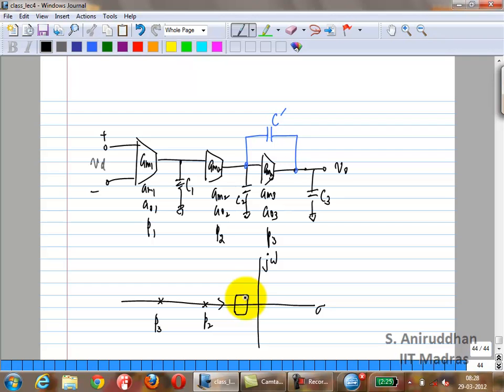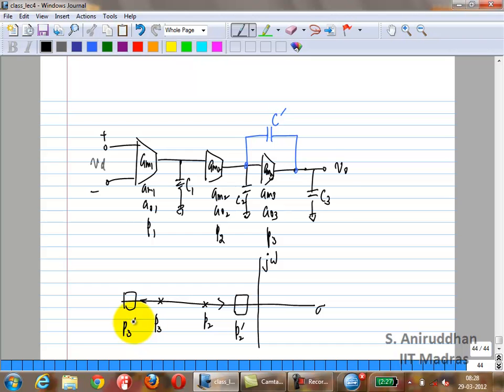So you're going to get P2 prime here. Right? This is going to move out. You're going to get P3 prime. Correct? You're going to get the usual pole splitting. You're going to split the poles. P2 is going to move in, P3 is going to move out. That's what we know. That's your P2 is the point where you get the Miller capacitance. Correct?